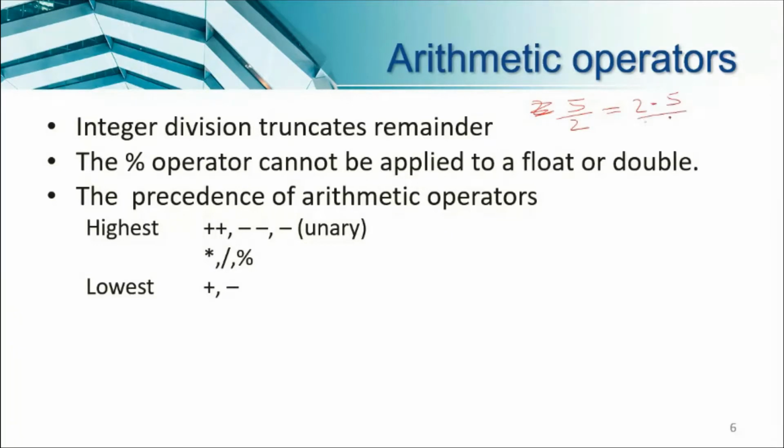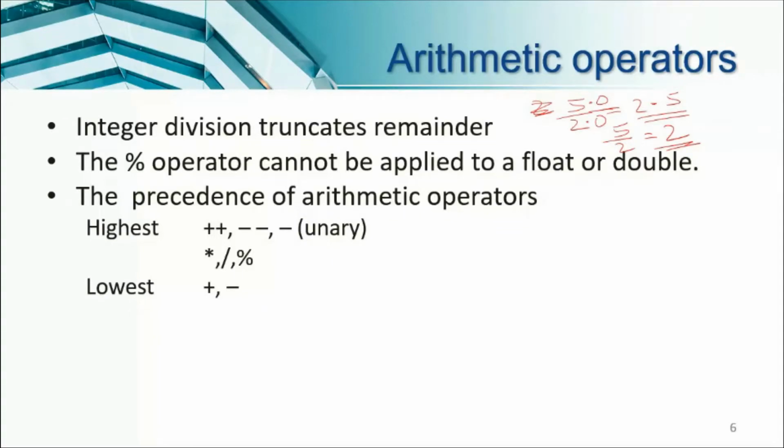But we will get the decimal digits towards the right only if 5 and 2 are declared as float values. If 5 and 2 are declared as integer values, then the result of 5 divided by 2 will be only 2 in C programming.